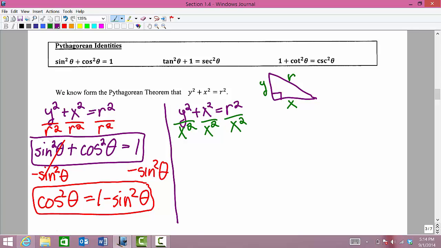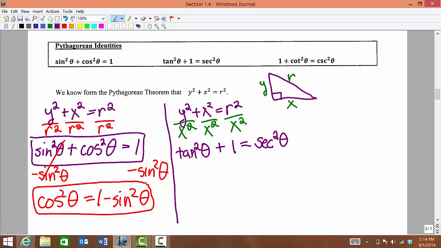Alright, so if I do that, y divided by x is tangent, and they're both squared, so that would be tangent squared theta. Plus, x squared divided by itself would be 1, is equal to r divided by x is secant, and since they're both squared, that would be secant squared theta.